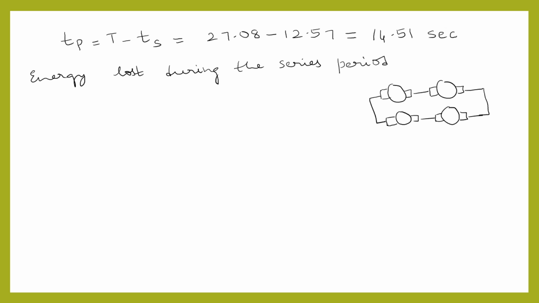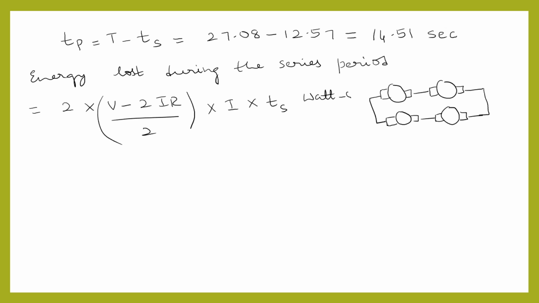So we have energy loss during series period equal to 2 into V minus 2 IR by 2 into I into time duration Ts, in watt second.